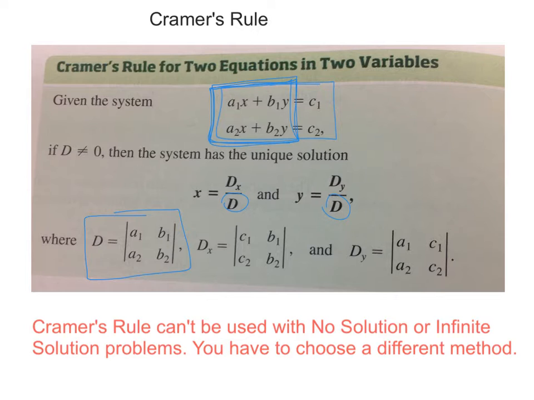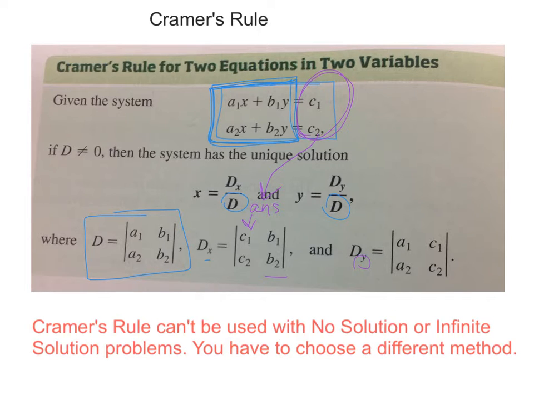Then to specifically get the dx, the determinant here with x involved, you're going to replace the x column with this answer column. Whichever variable you're solving for, you replace that column with the answer, leaving the other column the same.